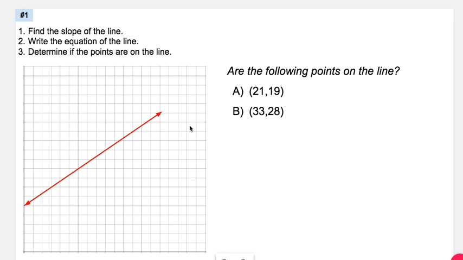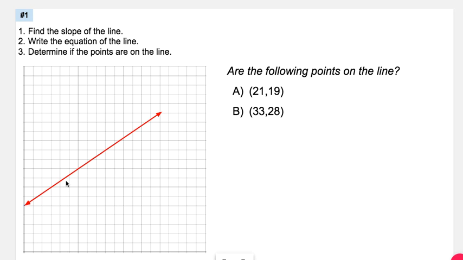Okay. So what you want to do is find a couple spots where you can create the slope triangle. We're going to do this with one triangle, and you'll see what I mean in just a minute.